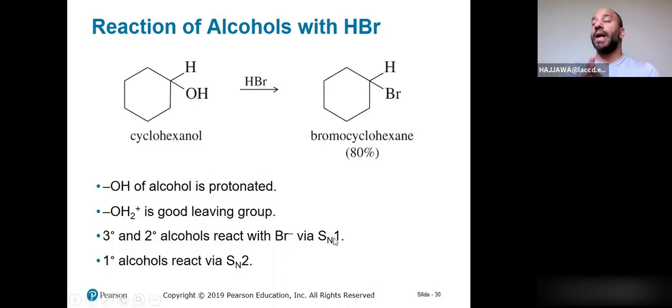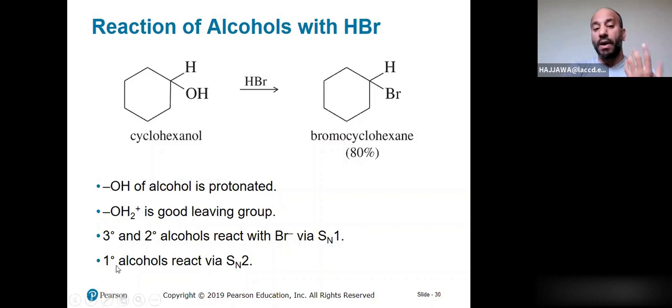That's why it's going to be an SN1 pathway. So this carbocation formation step only happens when I have a secondary or tertiary alcohol. Whether I have an HCl or HBr or HI, it doesn't matter, because that protonation step will be the same for all of them, but the carbocation formation will only happen when I have a secondary or tertiary alcohol.